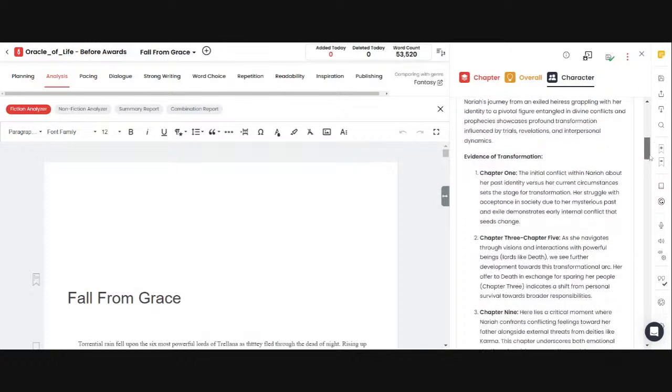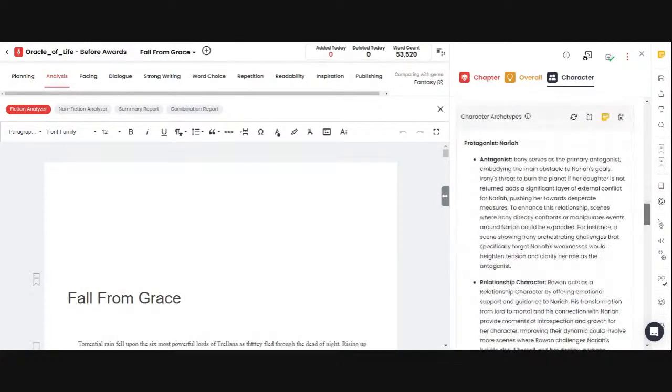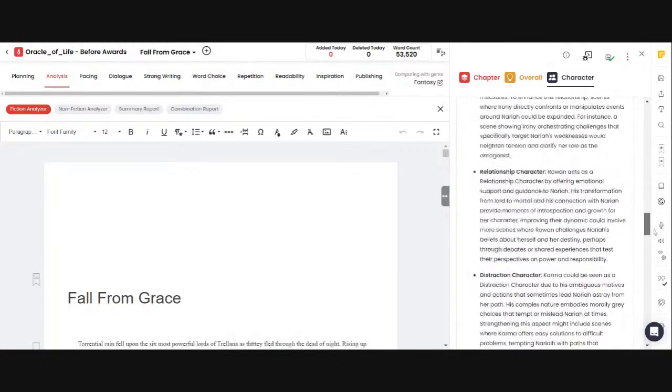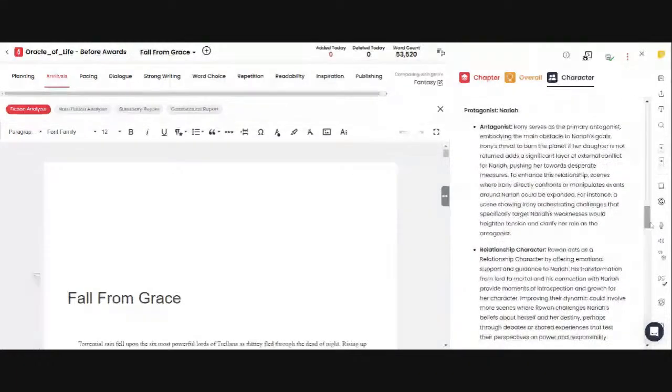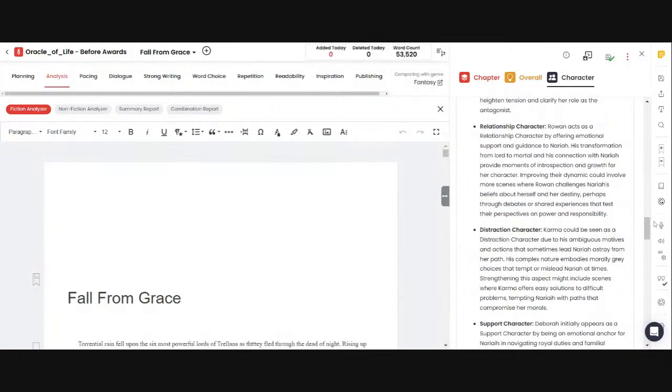And you can also go down to character archetypes. And if you have those other characters, it will put them here. So here's the main antagonist and why. Here's the relationship character, which is not to be confused, again, with romantic relationships. A relationship character is someone who gets the main character to their goal.